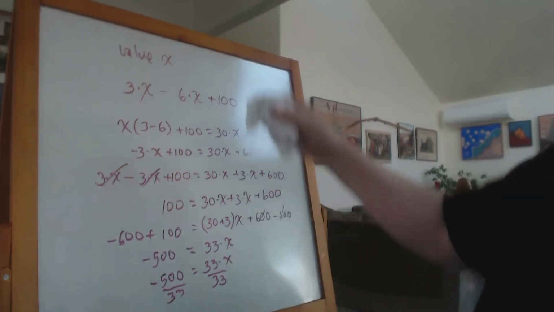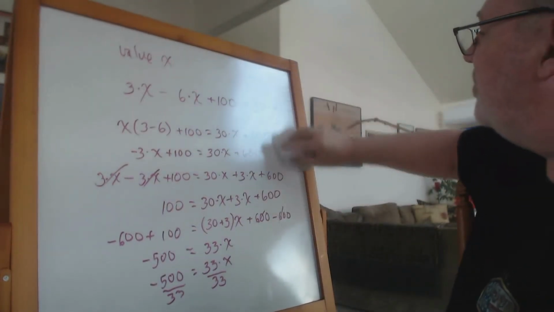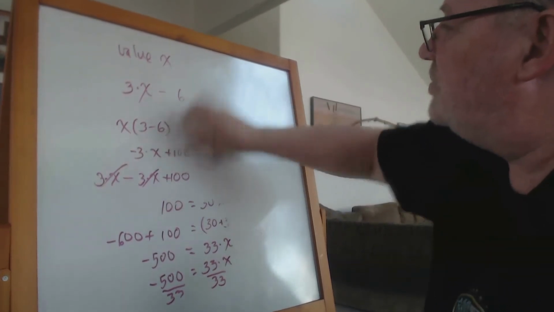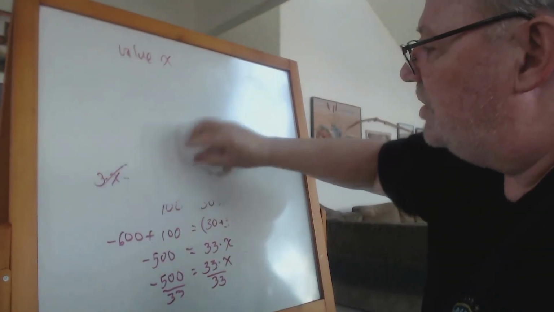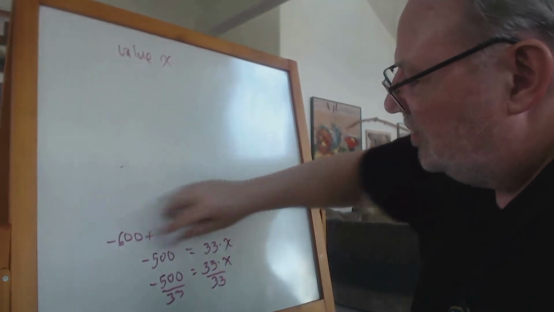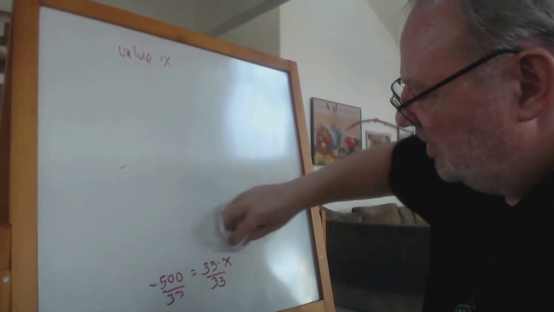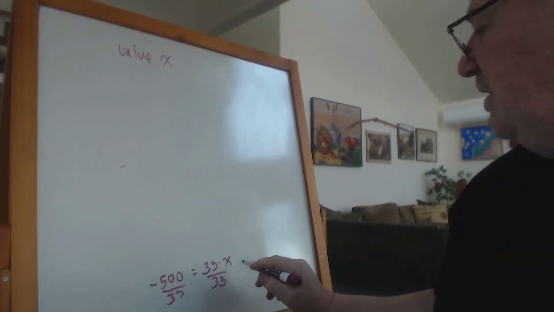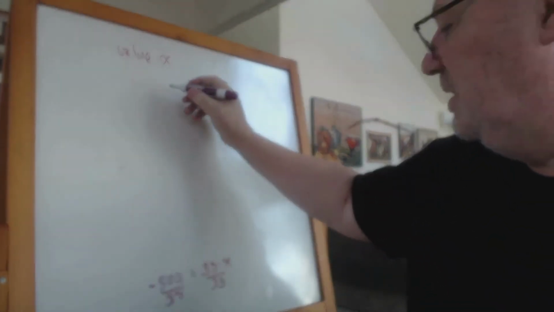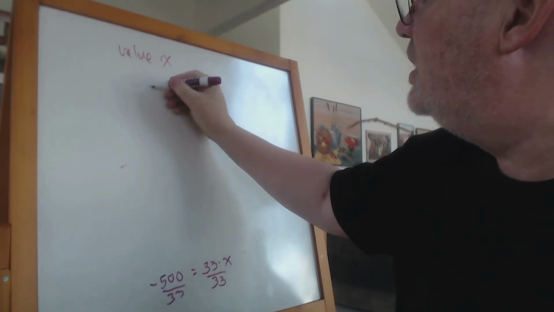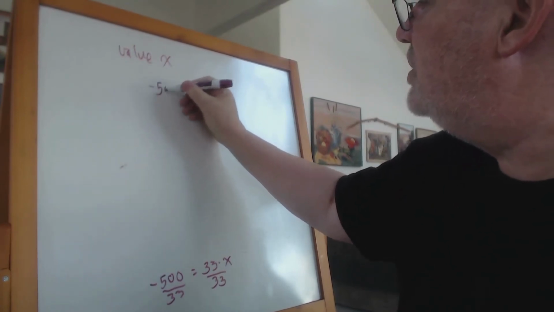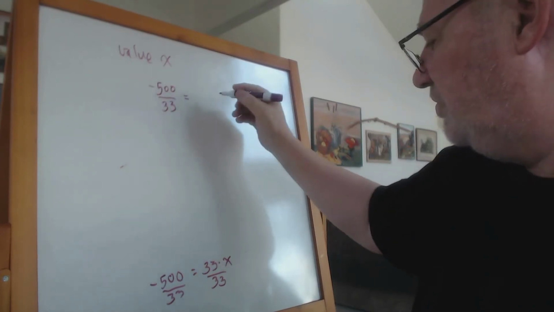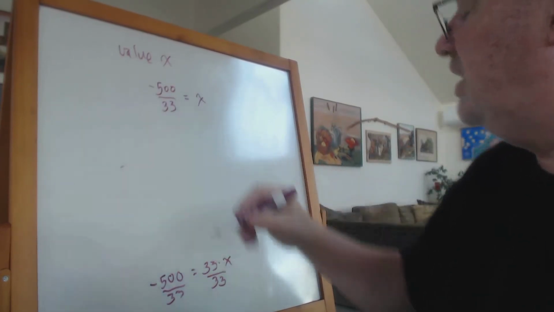I wrote too big. Okay, so that's what our equation runs down to. And we can start from the top. I can bring this up here, minus 500 over 33 equals x. And that's the solution.